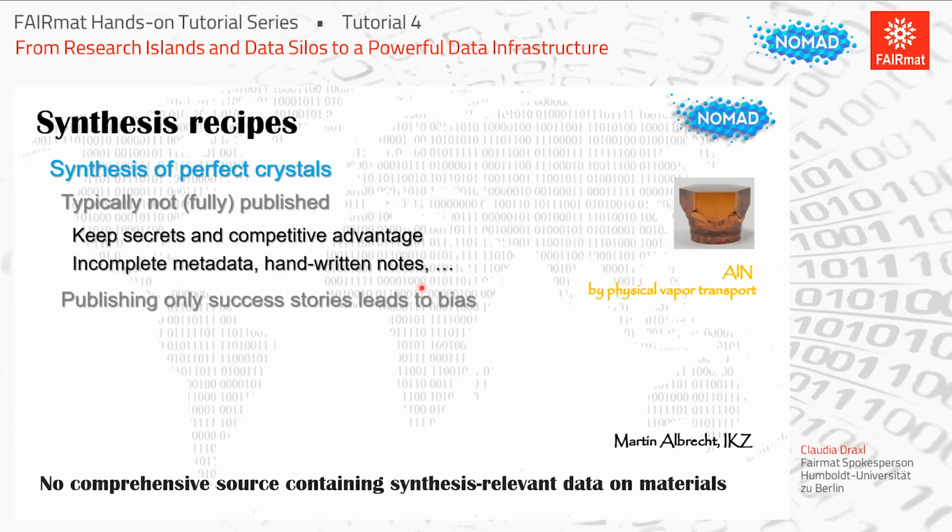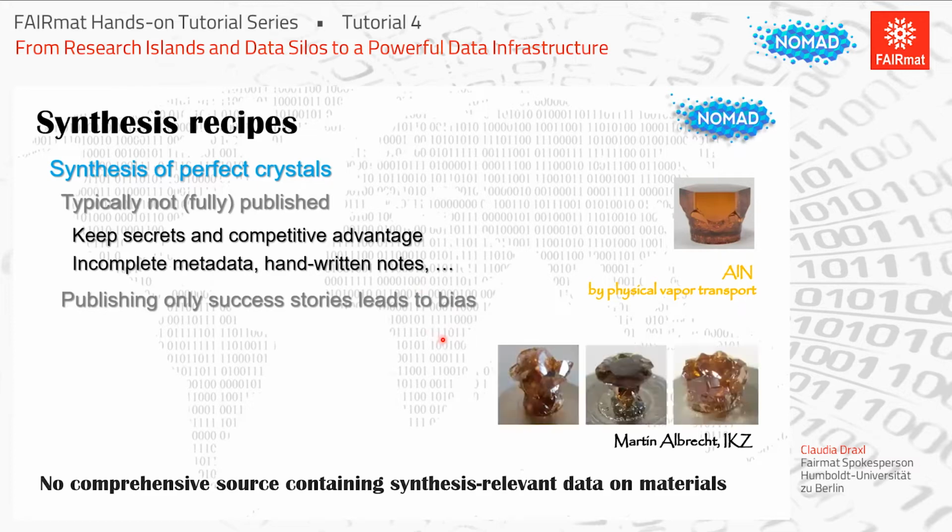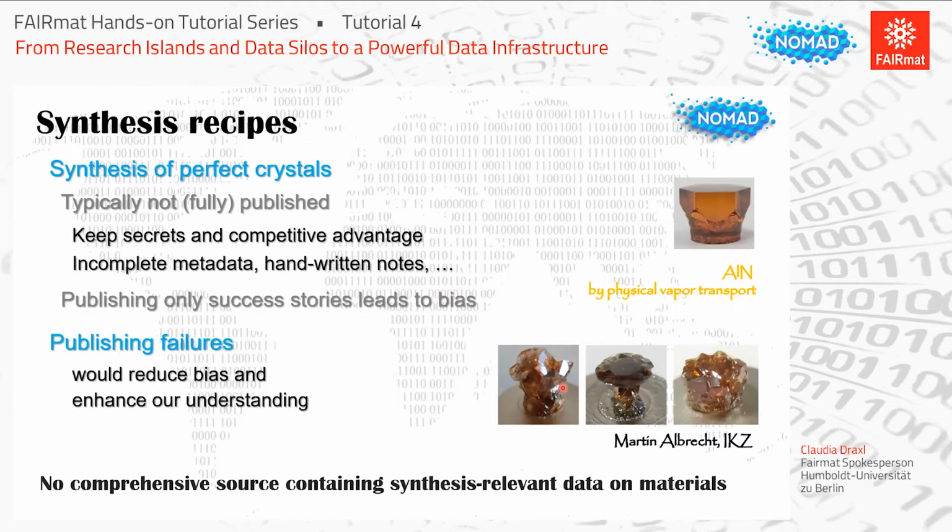But even if everything is published about this crystal, if we only publish success stories, it leads to bias. In other words, probably the synthesis recipes of some crystals will never be published, because they're not as beautiful as the others. And I think there we also have to rethink our publication culture, because publishing only success stories leads to bias.